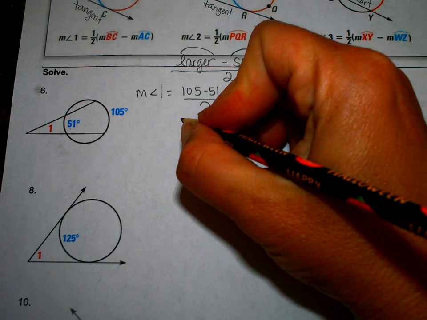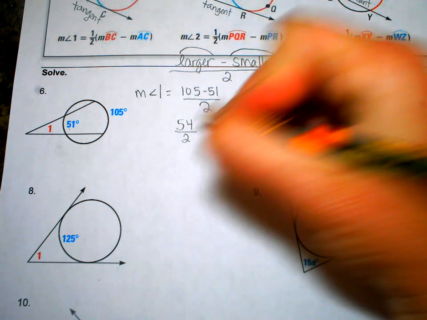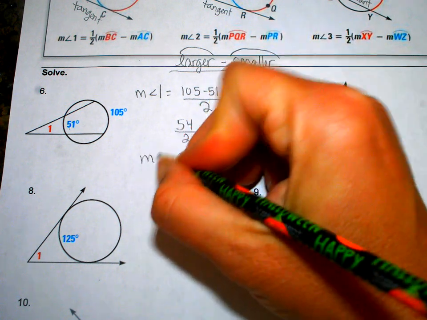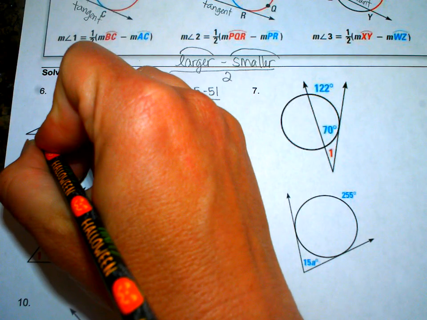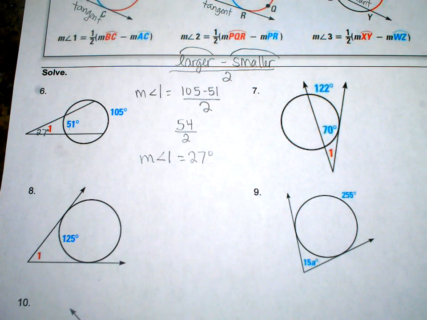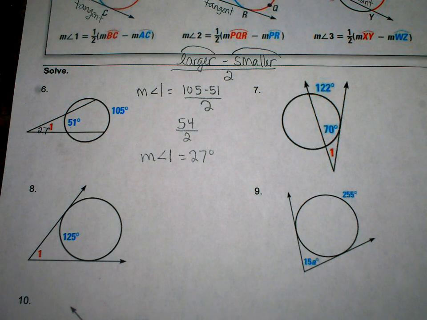So 105 minus 51, you can use a calculator, it's fine with me. 54 cut in half. The measure of angle 1 equals 27 degrees. If you want to put it in there, you can. If you don't want to, you don't have to. So you're subtracting the two arcs.